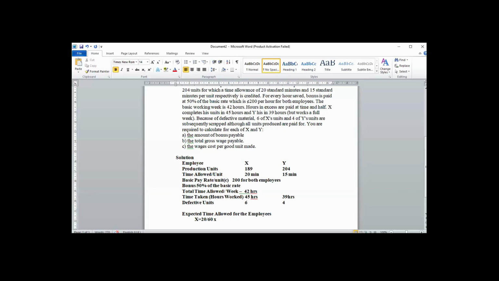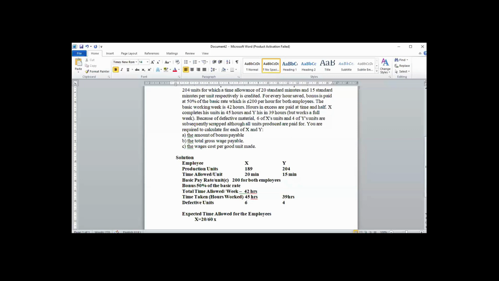If 20 minutes is taken to produce 1 unit, let's assume that Catherine, you are meant to do an assignment of 500 units, and you are given 1 hour for each unit.